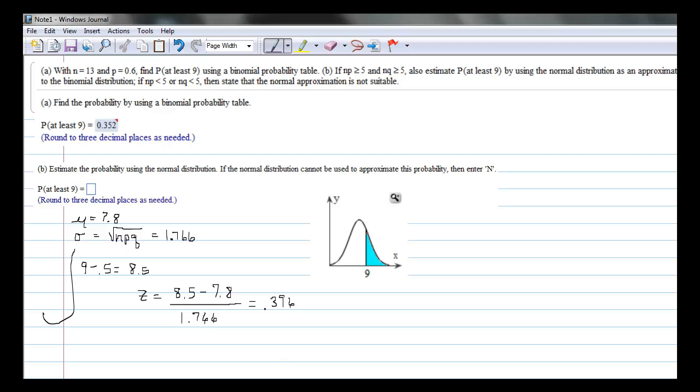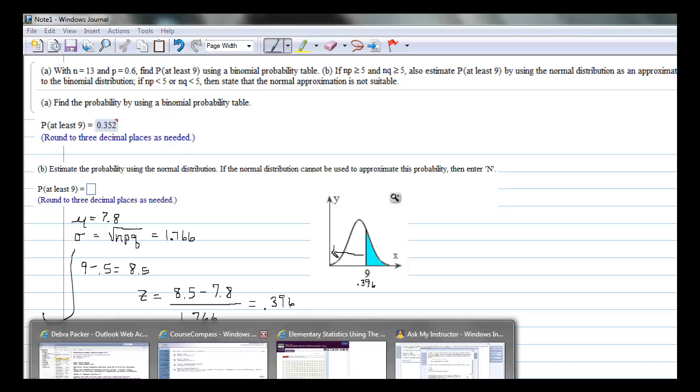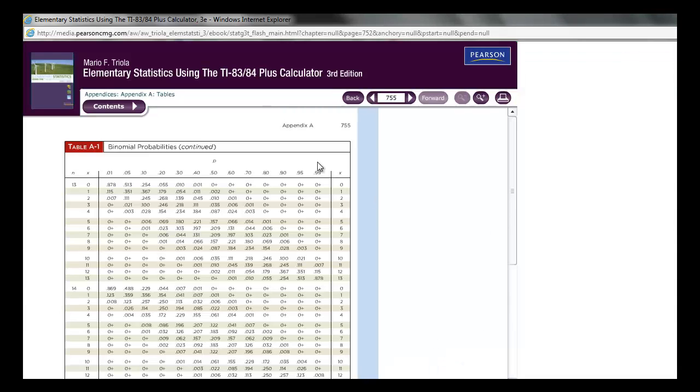So I need to go back to the table now that I have the z value of 0.396. What the table is going to do is give me the value to the left of my z value. So let's open back up our table. Now this table is for binomial, so I'm going to turn the page.